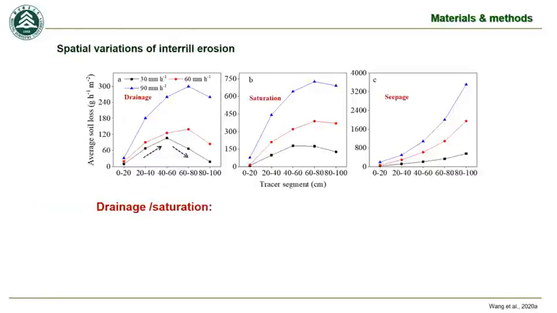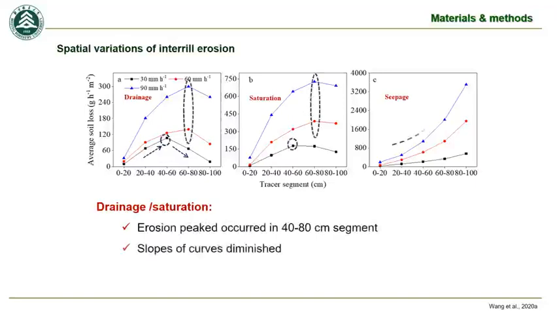Here is some information about the spatial variation of interior erosion and sediment deposition. The erosion peaked at the SM segment for the drainage conditions under 30 mm per hour intensity, and the erosion peaked at the GD segment at 60 and 90 mm per hour. Under the drainage conditions, the slopes of the curves diminished gradually as the downslope distance increased.